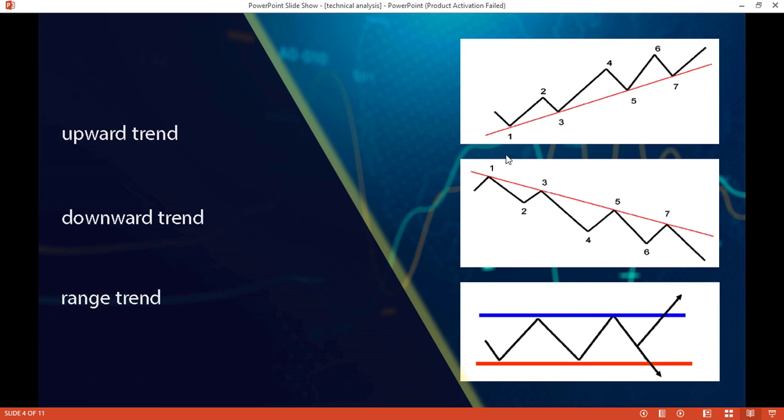In upward trends, the support line is more valuable, more trustable, more reliable, and it's better for you to use the support line to predict the future movement of the price.